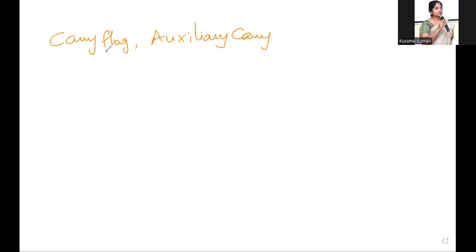If the carry is not generated, then the carry flag is reset to 0. Similarly, the auxiliary carry flag is set when a carry is generated from the lower 4 bits to the fifth position. Otherwise, the auxiliary carry flag is reset.